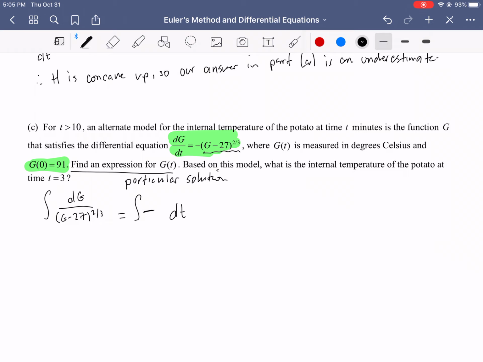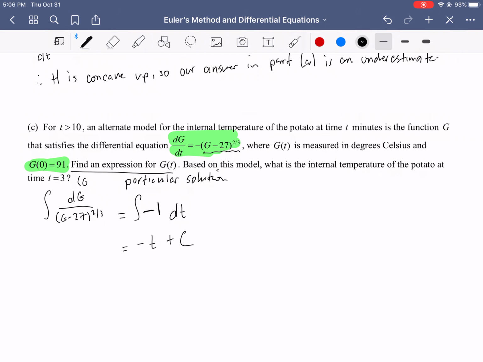So now I'm going to take the antiderivative of both sides. The antiderivative of the right side is really easy, negative t plus c. Okay, so you can think about this as being like the antiderivative of negative 1 with respect to t if you want. And then for the other side, I've got to move this g minus 27 to the 2/3 up to the numerator. So that's really going to become g minus 27 to the negative 2/3.